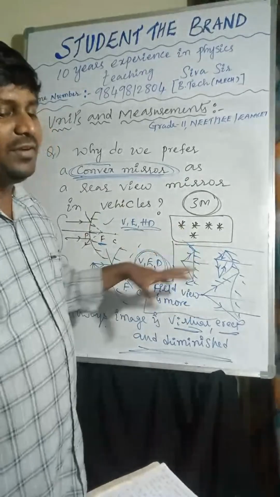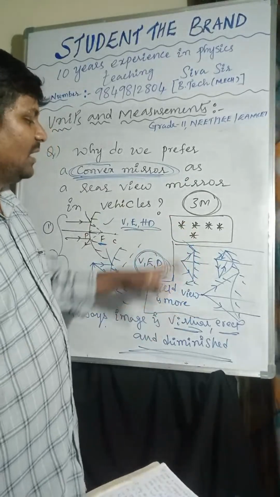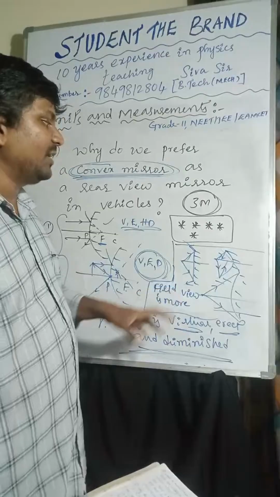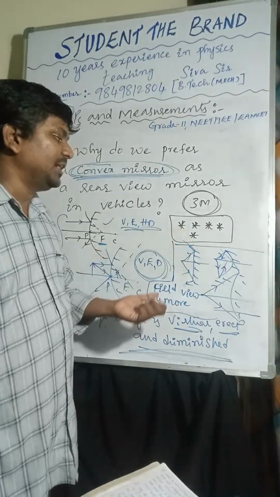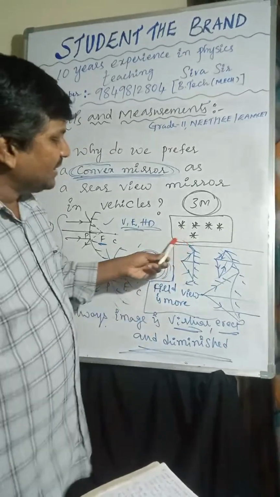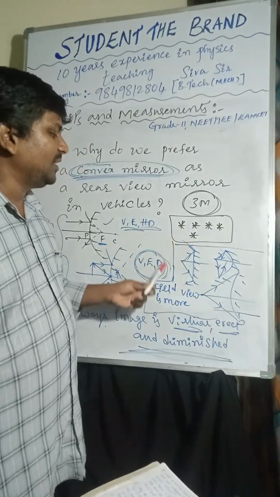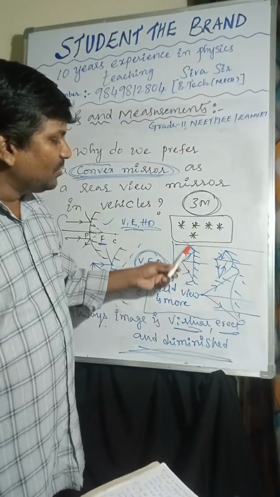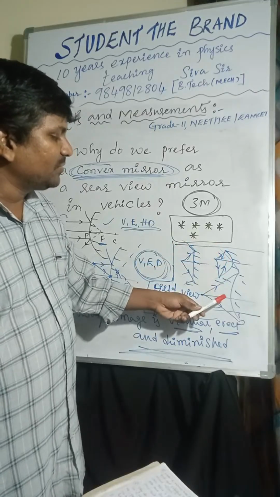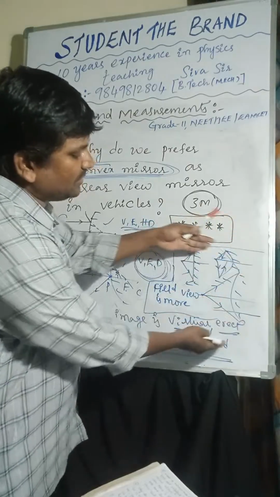The field of view is the region between two extreme reflected light rays. Within this region only can we see the object. For a plane mirror the field is only this much, for a concave mirror only this much, and for a convex mirror this much field.